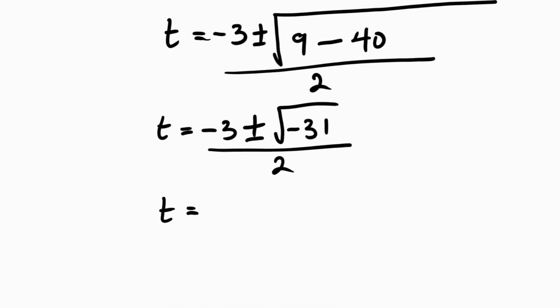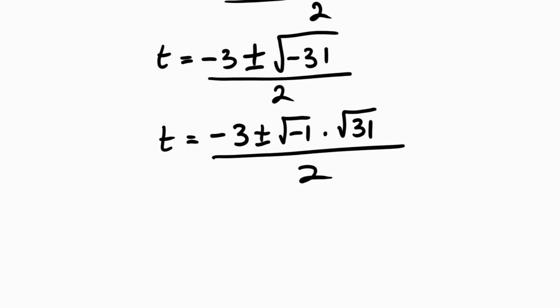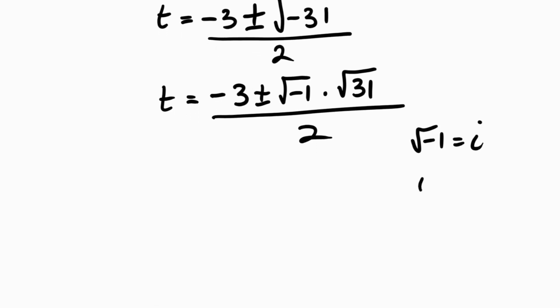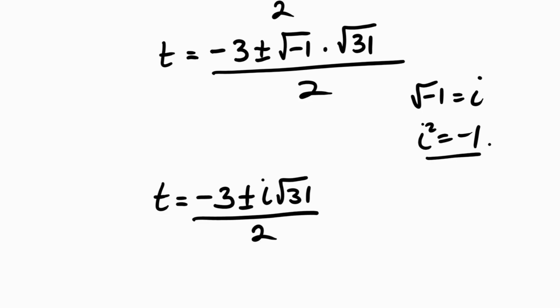Okay, so we can rewrite what we have under the square root to be root of minus 1 times root of 31, divided by 2. And we know that root of minus 1 is equal to i, because i squared is equal to minus 1, right? So t is equal to minus 3 plus or minus i root 31, divided by 2.